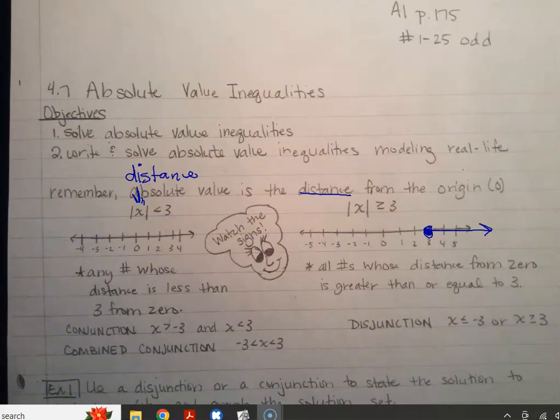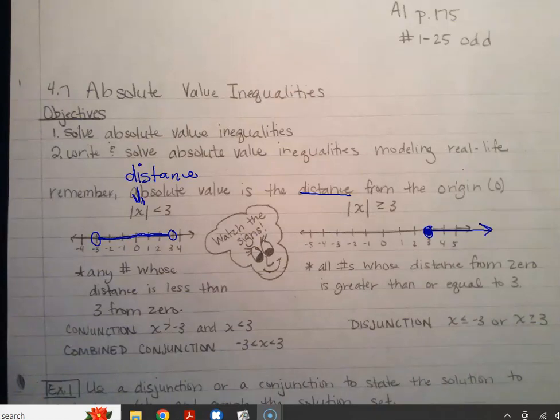So if we think about this in terms of what we're saying, the distance is less than 3. So from the origin, we can go this way and have an open circle, and that's less than 3, right? We can go the other direction to a negative 3, and that's it. My distance has to be less than 3.